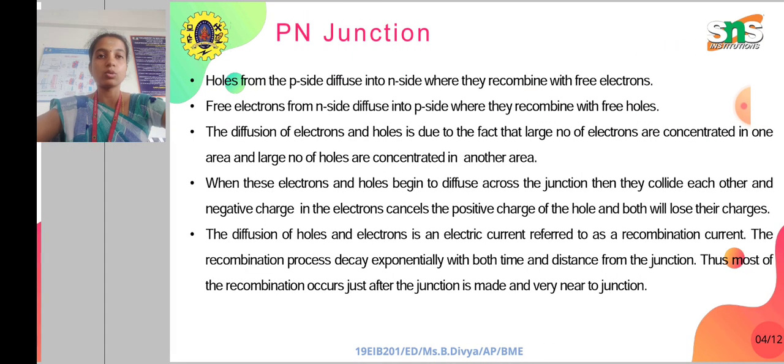In the PN junction diode, holes from the P side diffuse into the N side, where they recombine with free electrons. Free electrons from the N side diffuse into the P side, where they recombine with free holes.